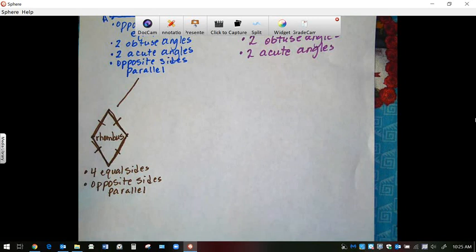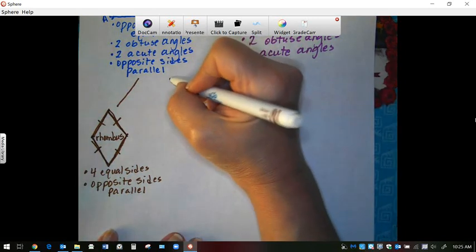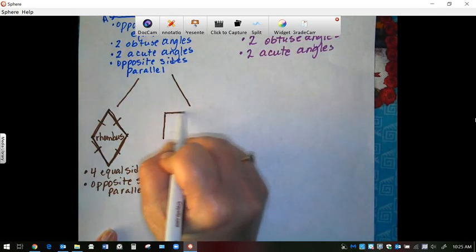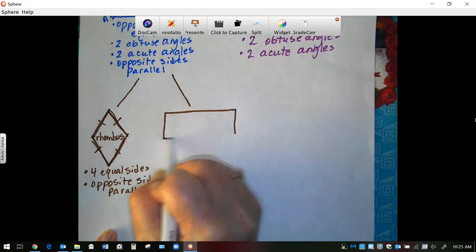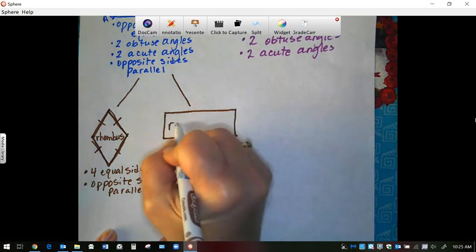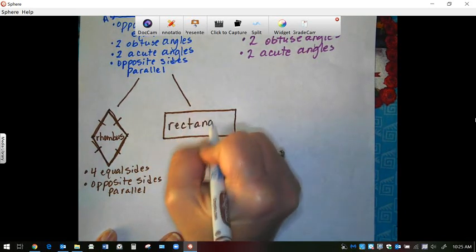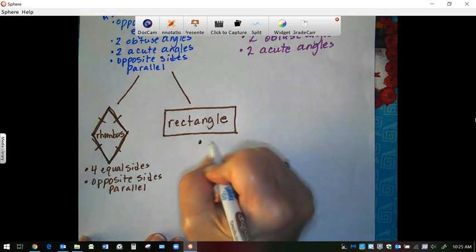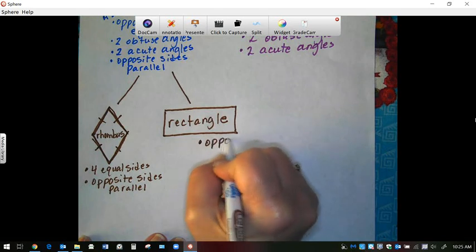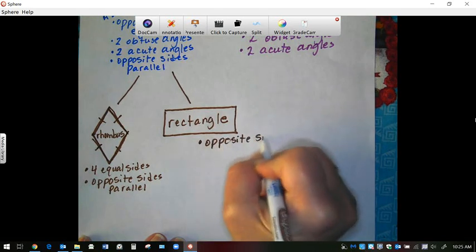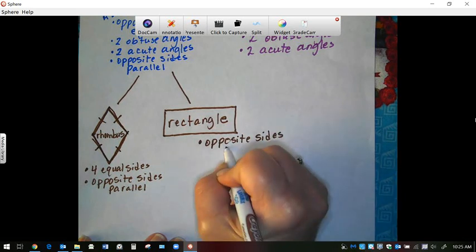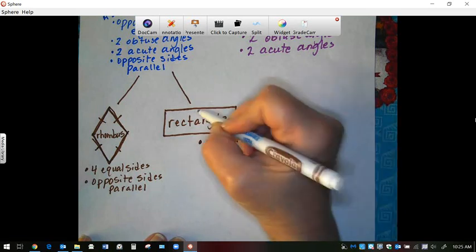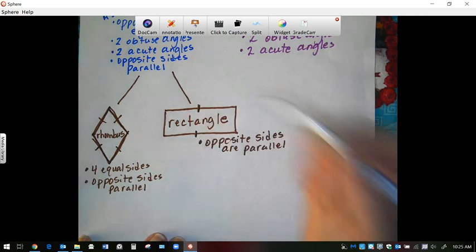Okay. The other one that is related to a parallelogram is the rectangle. And key features of the rectangle are that opposite sides are parallel. The top is parallel to the bottom.